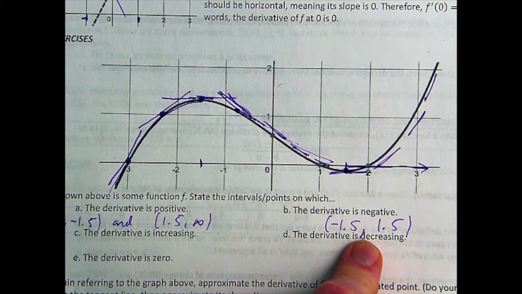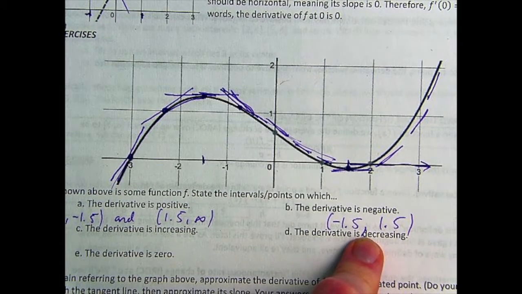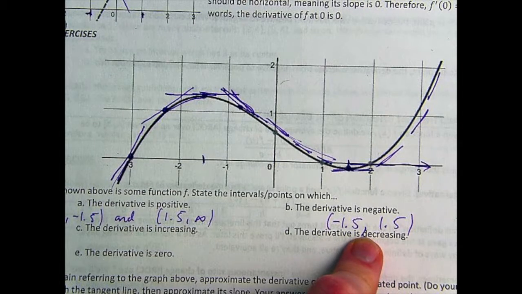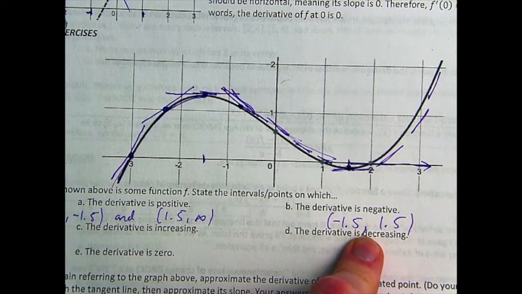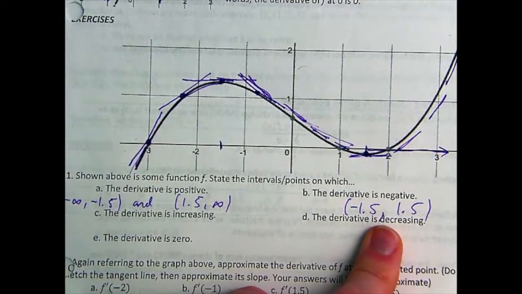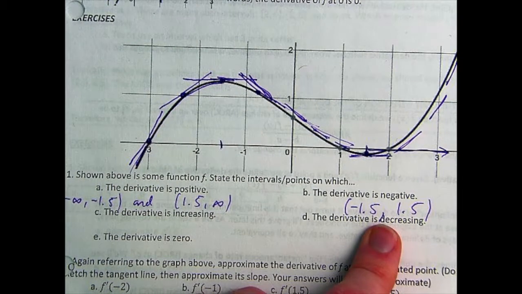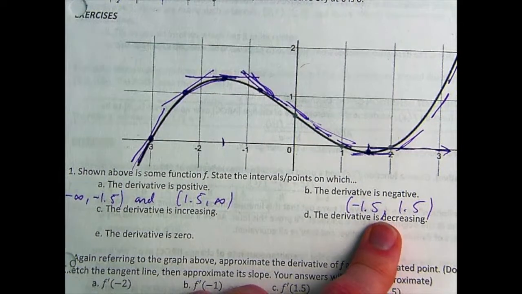So more precisely, if the derivative is negative on a region, then the function is decreasing on that region. Okay? So the derivative is really about the rate of change of the function, the rate at which it's changing. If the derivative is positive, then it's increasing. If it's a really big positive number, then it's increasing quickly.